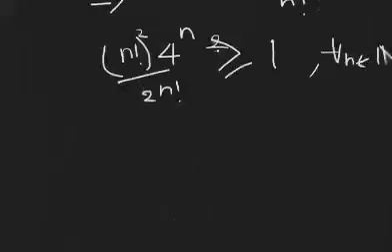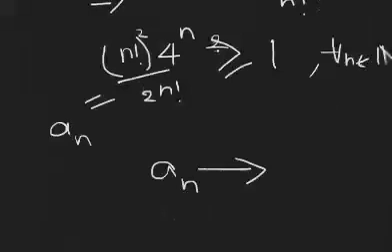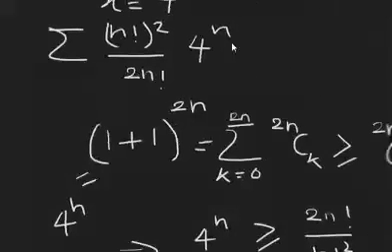That means that, say this is a_n, the limit of these terms does not converge to 0 as n goes to infinity. So that means the series is divergent.